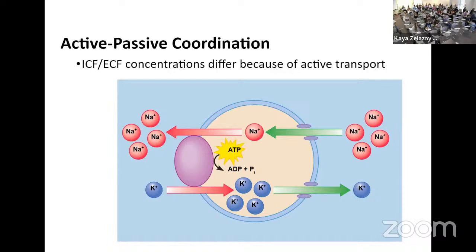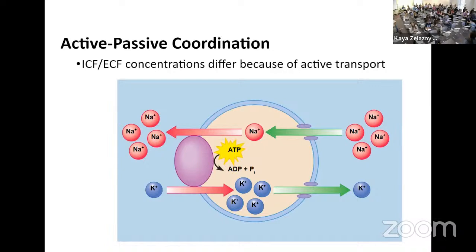The reason we have those differences, the reason we have things not at equilibrium, is that we are actively using energy to change those two environments. We have conditions we want to maintain inside the cell for different cellular processes. We even have concentrations we want to maintain outside the cell.